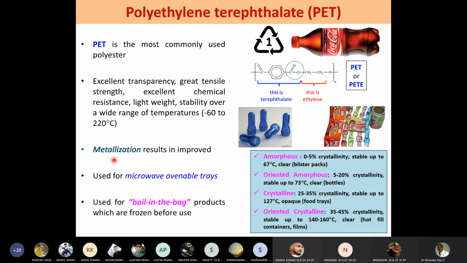Clear? So you may be wondering why I have kept these two different images here, just to show that polyethylene terephthalate is the most commonly used outermost layer in FMCG, fast moving consumer goods.